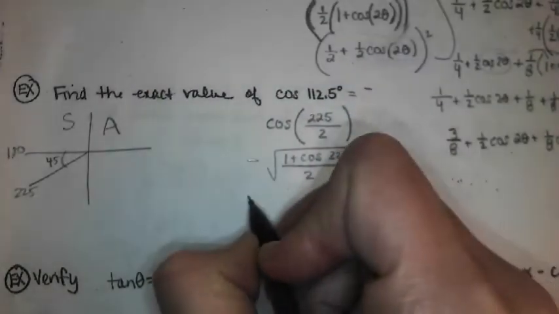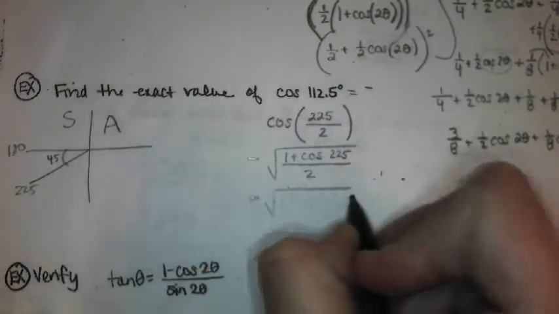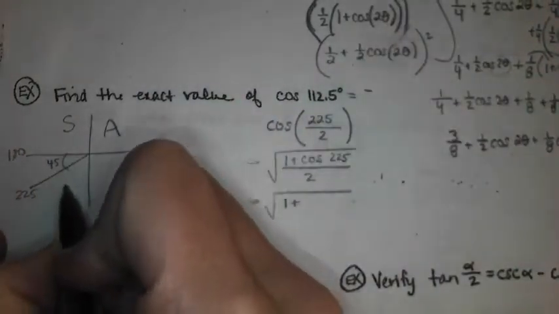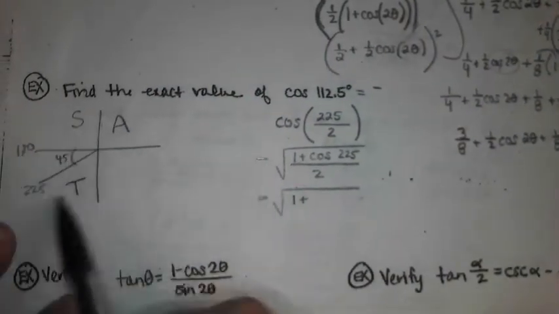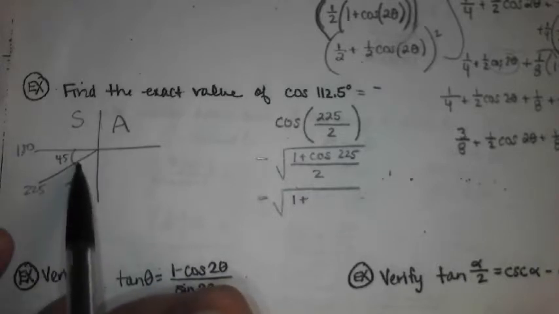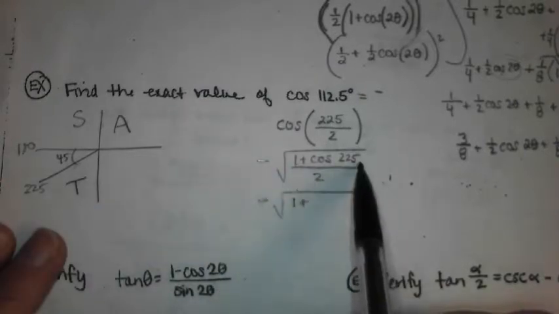So, what is the cosine of 225? Again, back to our question, the reference angle is 45, so the cosine of 45 is root 2 over 2. 225 is in the third quadrant, so the cosine of that number should be negative.